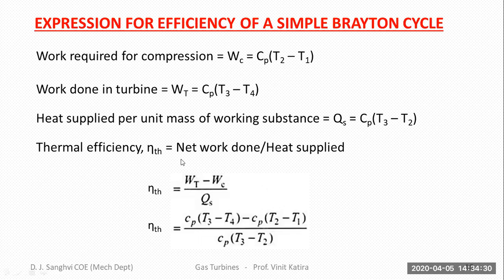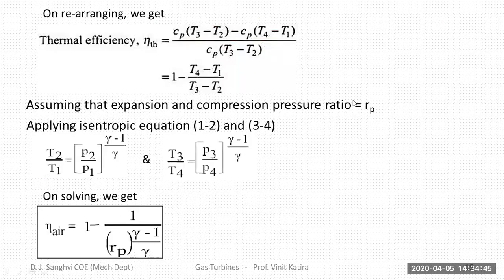The output over here is the net work done, which is work done in the turbine minus work consumed in the compressor, divided by the heat supply, that is QS. So on solving, we get the thermal efficiency as 1 minus (T4 minus T1) upon (T3 minus T2).